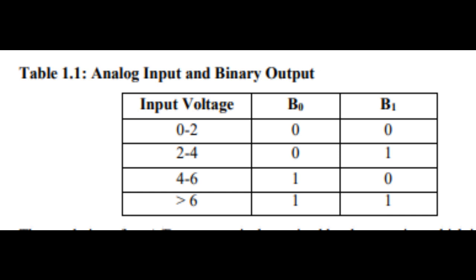In general, the analog signal will fall into one of the quantizing levels of the converter. There are 4 quantizing levels and 3 incremental changes of 2.0 volts each. Table 1.1. Analog input and binary output. Look at the screen. The resolution of an AD converter is determined by the step size, which is 2.0 volts.